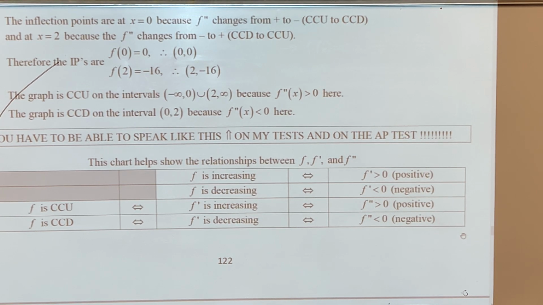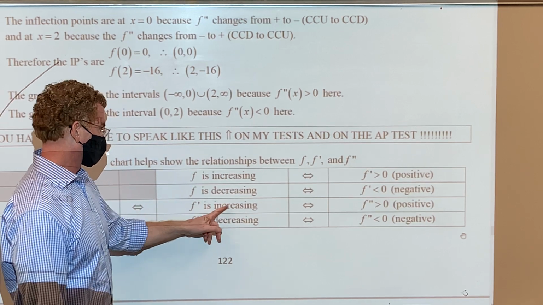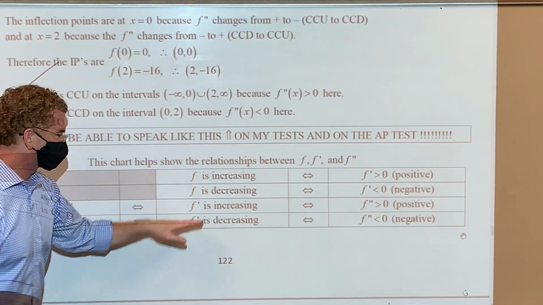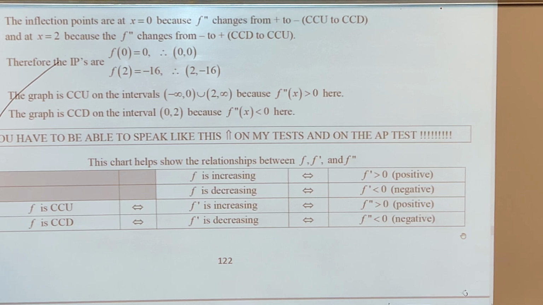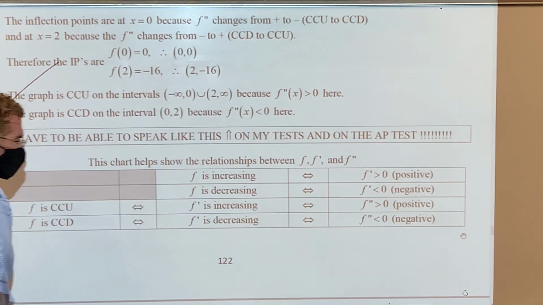Mhm. Yeah, it is totally possible to have an increasing function. Totally possible to have a function increase and have a positive concavity. That's a link there. But you could totally have an increasing function and a negative concavity as well.